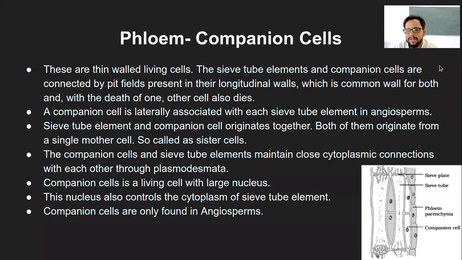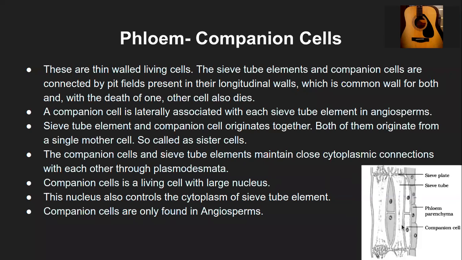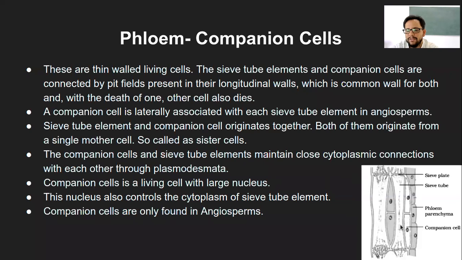Okay, let me repeat that small part. Like I said, the companion cell and the sieve tube structures are present next to each other and they have a common wall. I also gave you the analogy of neighboring houses: if we remove a few bricks in the common wall, we can exchange certain materials.